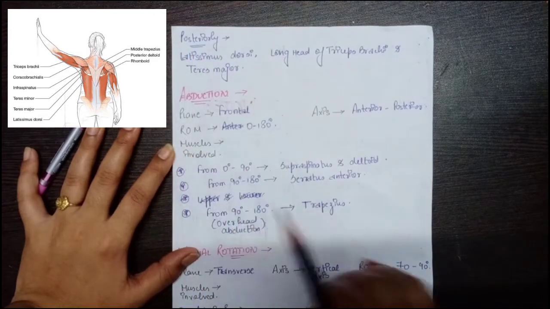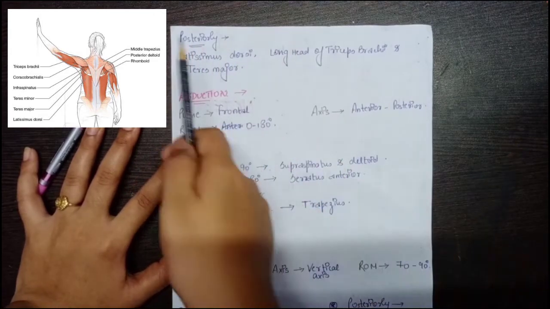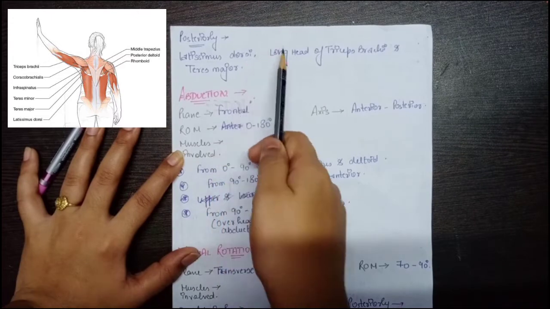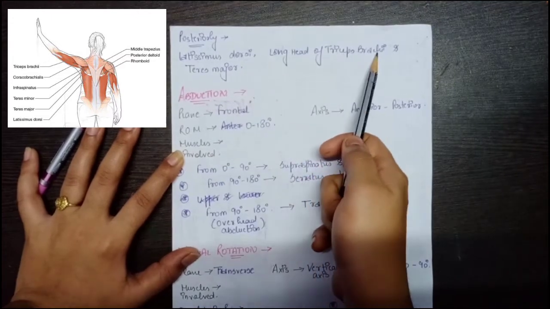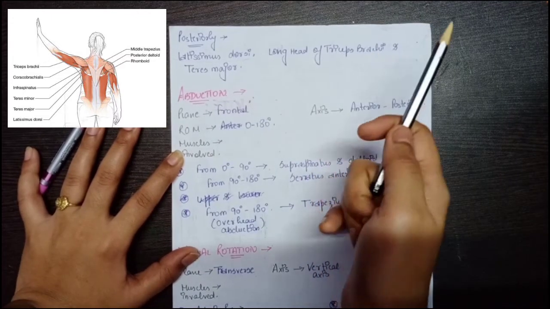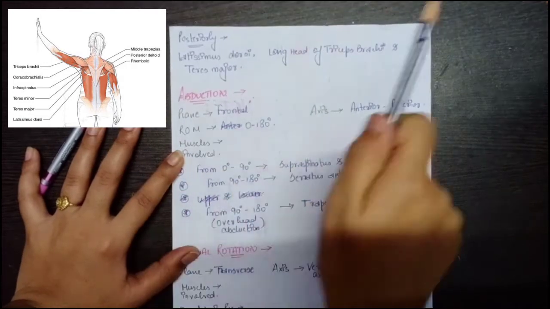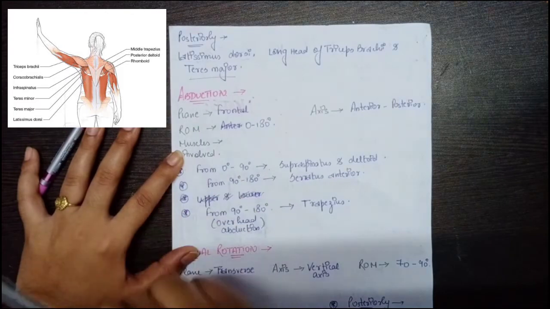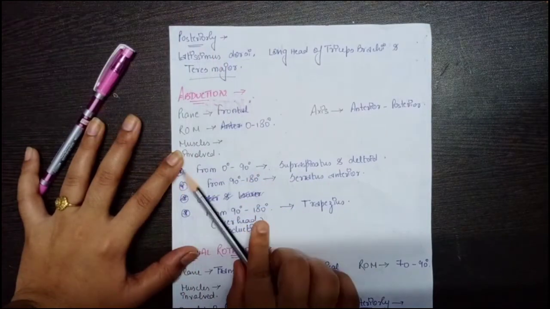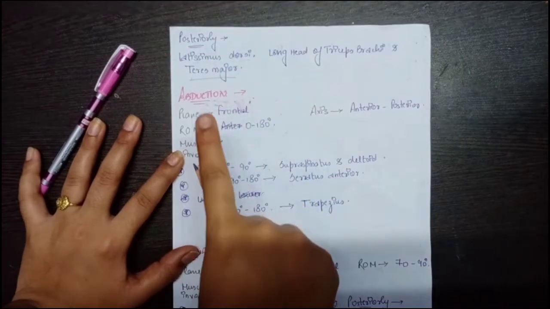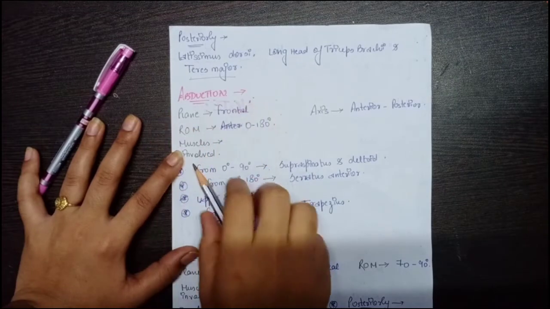Posteriorly, the muscles involved in adduction are the latissimus dorsi, again the long head of triceps brachii as we saw in extension. In extension, we had both latissimus dorsi and long head of triceps, the same thing, and also the teres major. So in adduction, we will have two compartment muscles, anterior muscles and posterior muscles.